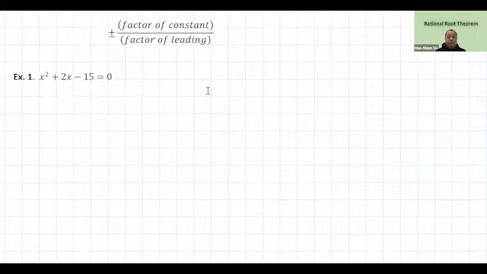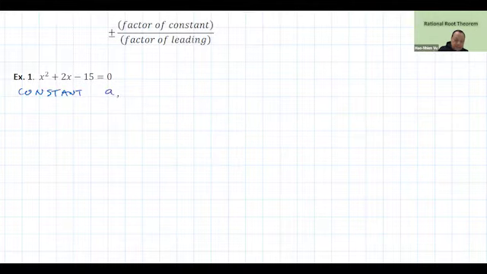Example 1, x squared plus 2x minus 15 equals 0. What the theorem says is that if this equation has a rational root, it will have to be of the form factor of constant over factor of leading. The constant term, a0, is equal to negative 15.